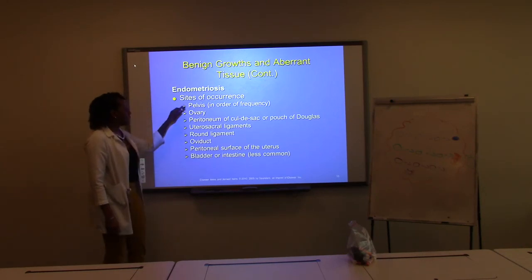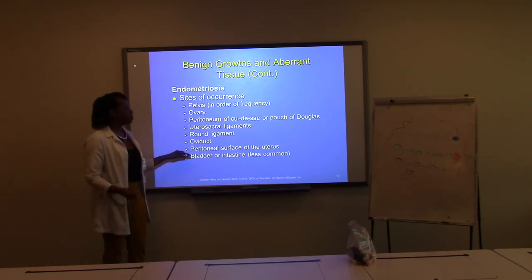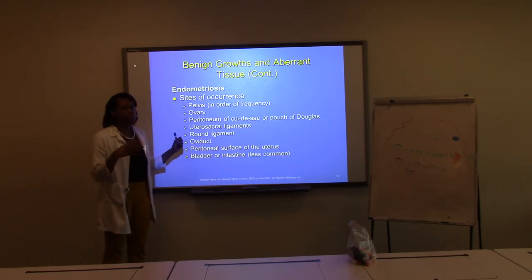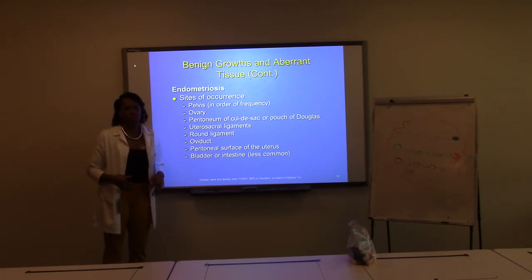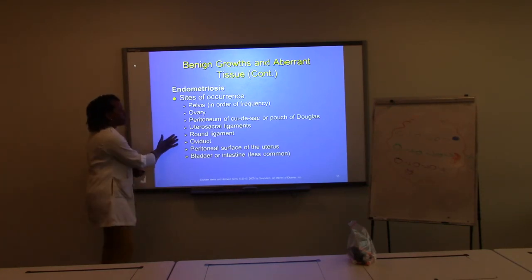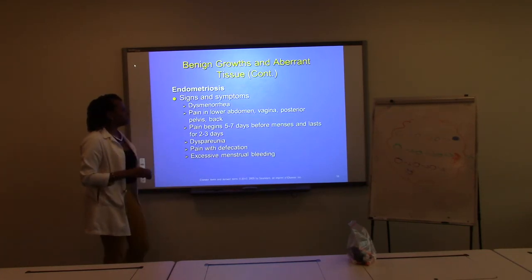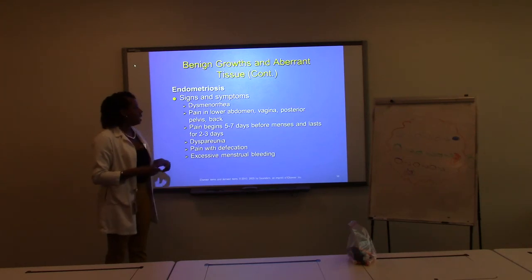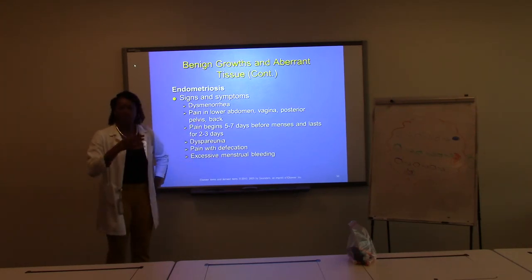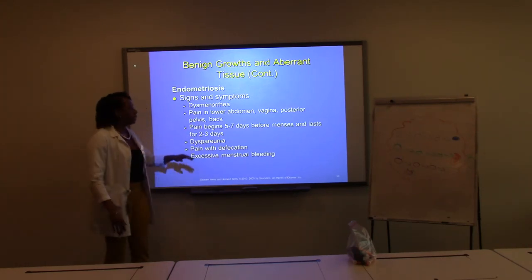So here are the sites. Again, as I said before, the uterus or endometrium is usually the most common spot. However, it can also attack other reproductive organs like the oviducts, the ovary, and ligaments. So just keep that in mind. Signs and symptoms: these patients will have dysmenorrhea. As I told you before, they'll have difficulty with menstruation, heavy bleeding, lower back pain, and I explained the whole thing with lower back pain before.